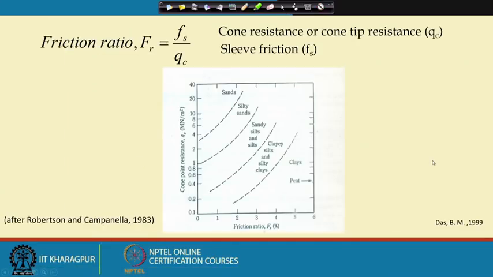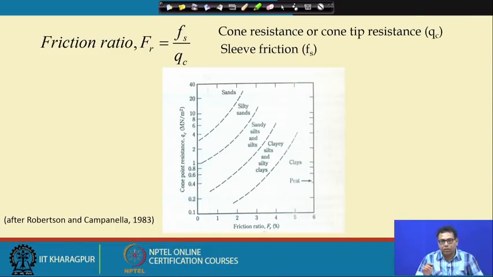Next, we can calculate the friction ratio. This friction ratio is the sleeve friction or friction resistance divided by the cone resistance.